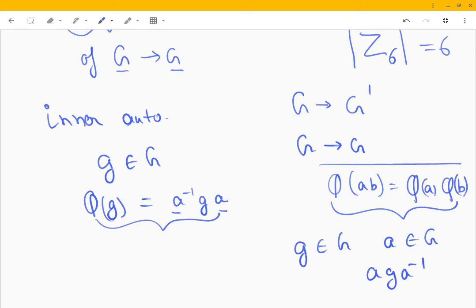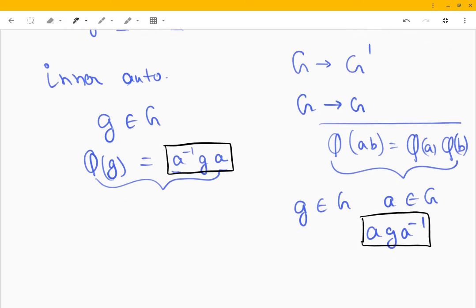Okay, first thing, see this A inverse A G and A G A inverse, it depends on the A, but these are an equivalent thing written, not much of a difference.